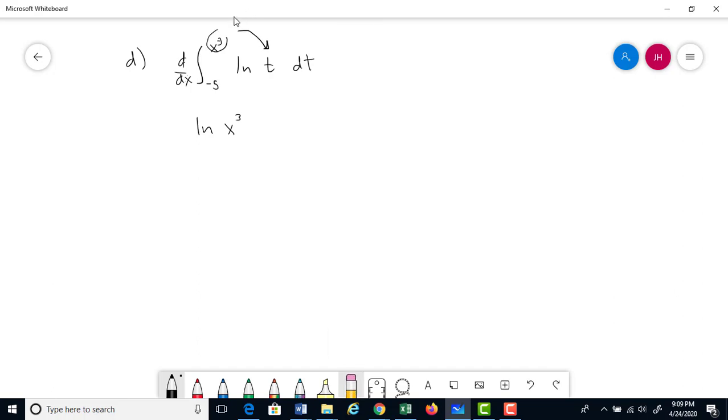That part's going to cancel. So the derivative of the outside part means this piece is going to go into there, so we get this. But now I still have to multiply by the derivative of what's inside, the derivative of x cubed. So really this takes the form f prime of g of x multiplied by g prime of x.